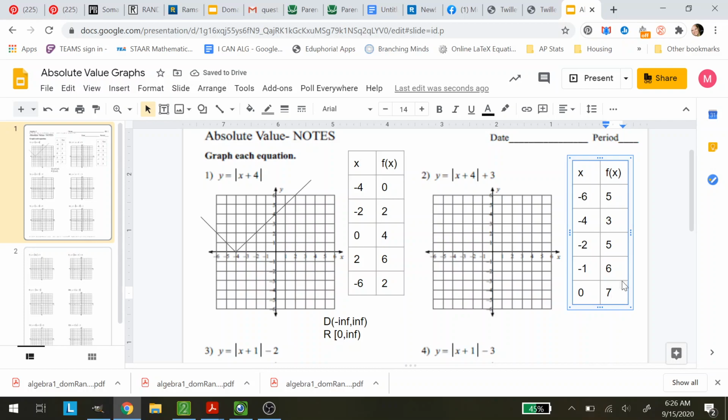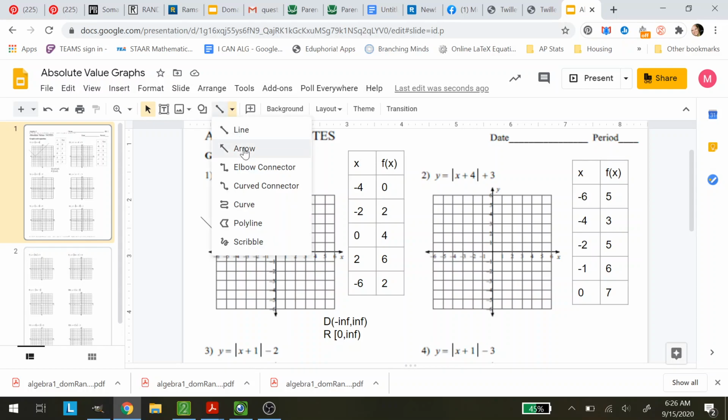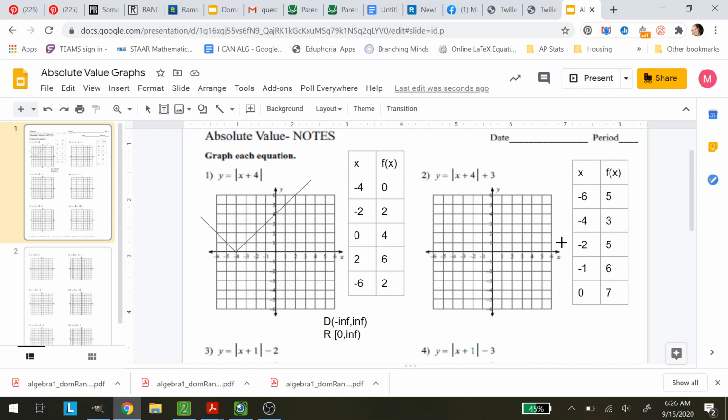Okay, I think that is about right. So let's see what we've got. So at -6, I'm at 5. So I'm going to grab, didn't we just have, yeah, I want arrows.